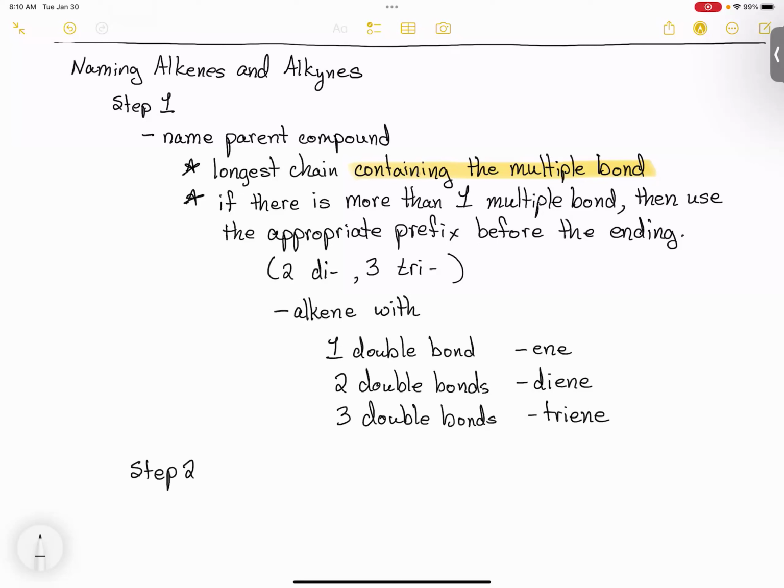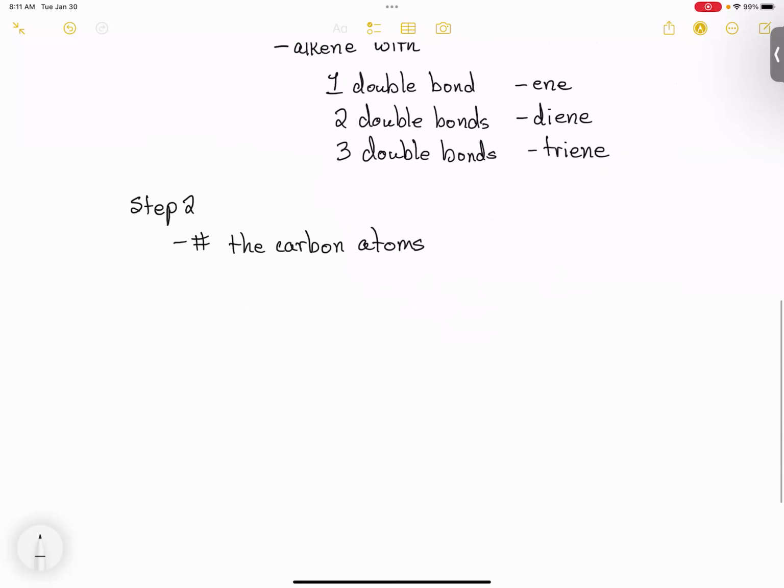Step 2 is to number the carbon atoms so that the multiple bond has the lowest numbers possible.